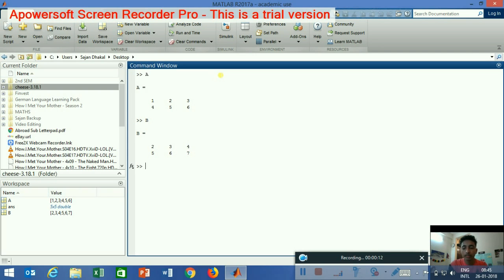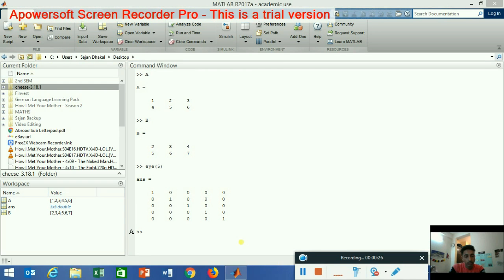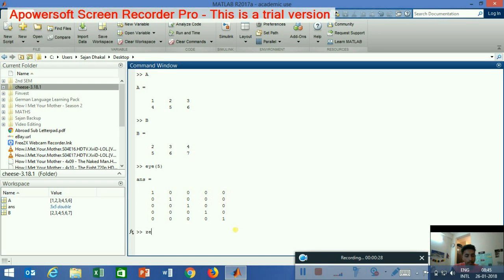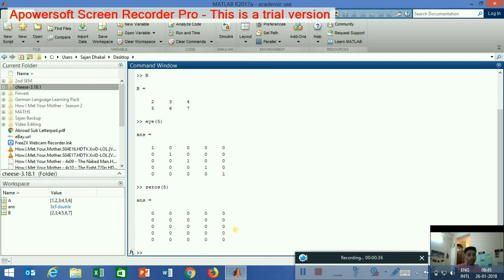We want an identity matrix of order 5, so we just type eye 5. Matlab gives our identity matrix, 1 0 0 and so on. Whereas if we wanted a 0 matrix, we could type a 0 matrix of order 5, and Matlab does that also for you.